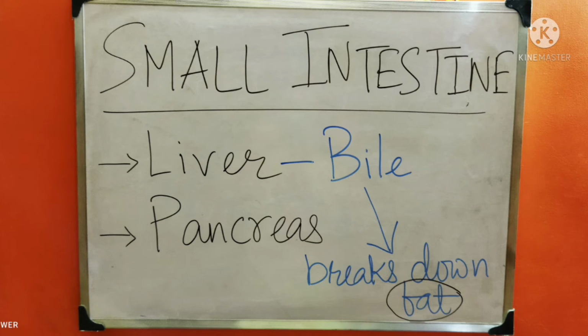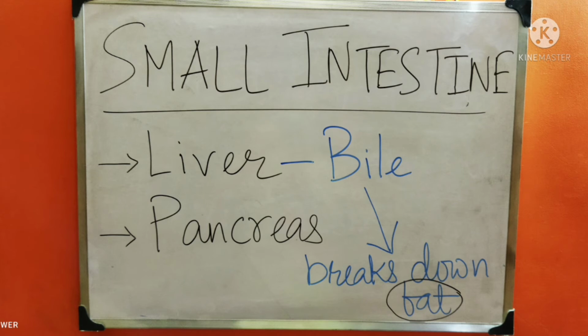Small intestine. The small intestine receives secretion from the liver, pancreas and its own wall. The liver secretes bile. Yes, the liver secretes bile, which is stored in a sac called gallbladder.